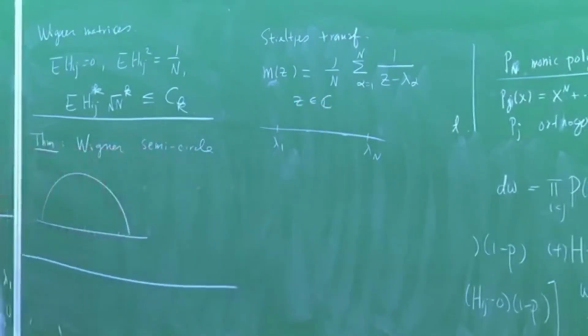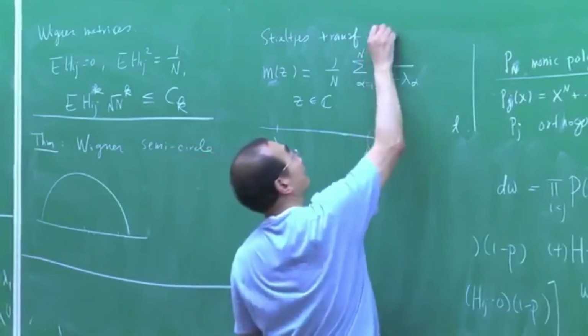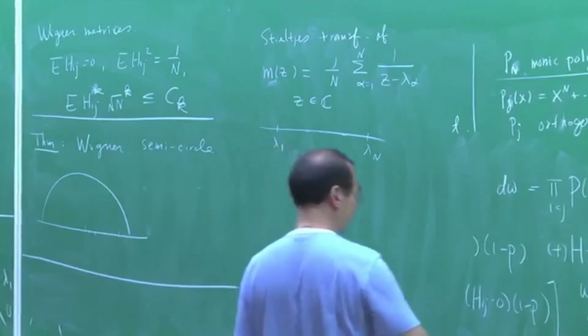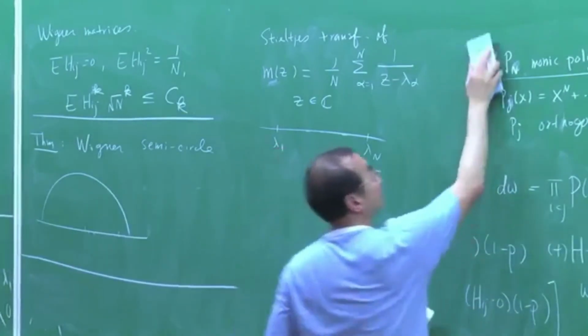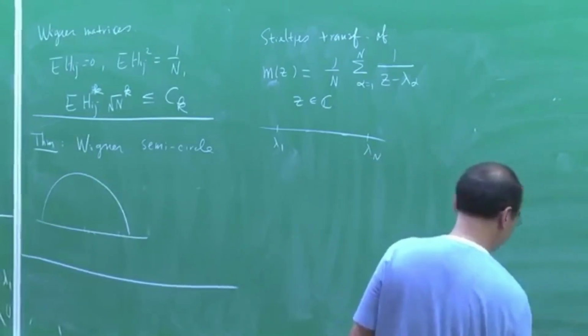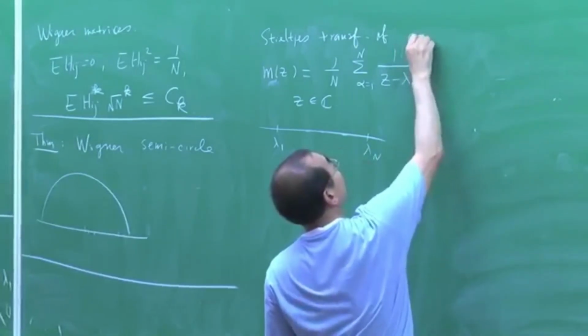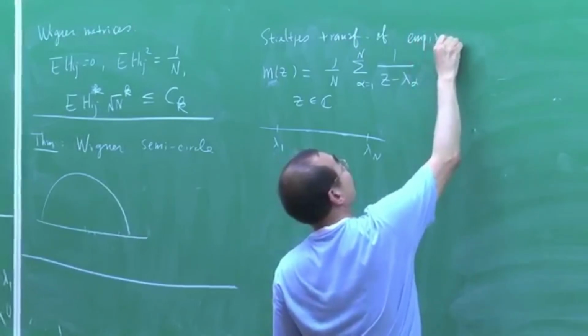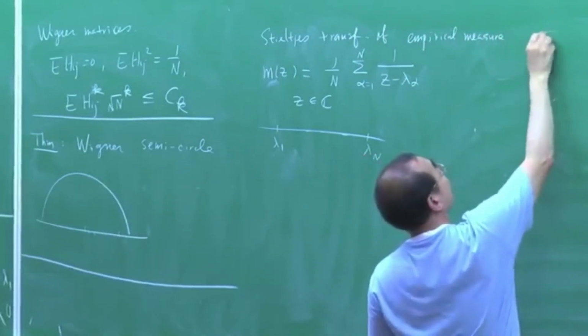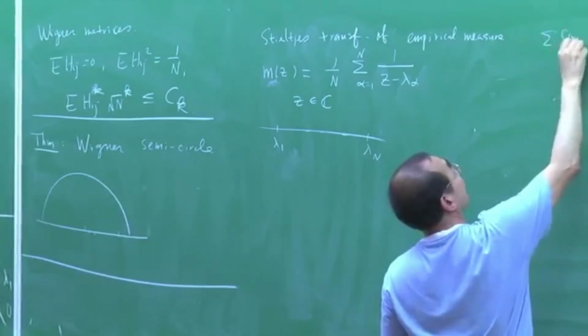This is called a Stieltjes transform. This is the Stieltjes transform of the empirical measure, the summation of delta of x minus lambda alpha.